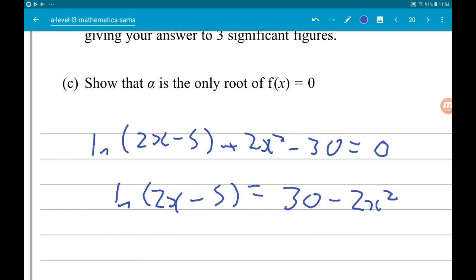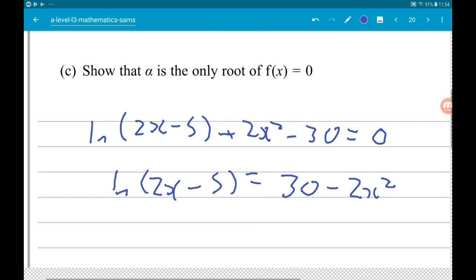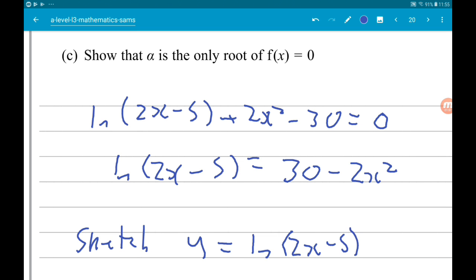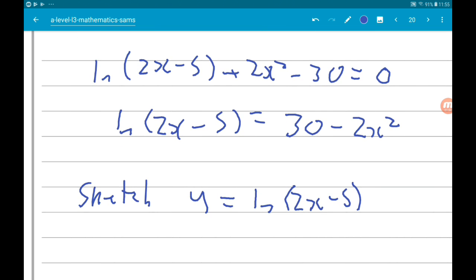Okay, so what we're going to sketch then is y equals log of 2x minus 5 and y equals 30 minus 2x squared.